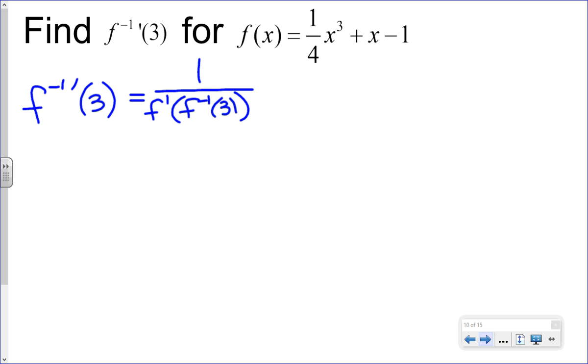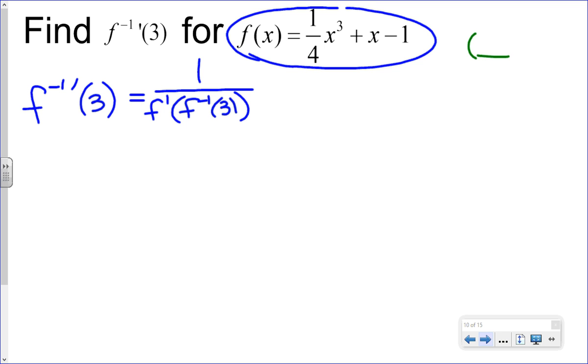Okay? So for f, we're trying to figure out the x value for f, which will tell us the y value for f inverse of 3. So let's start there. We need to know when is 1/4 x cubed plus x minus 1 equal to 3. Sometimes we can solve with some algebra, sometimes we can solve by just playing around with some numbers, and I'm okay with that.